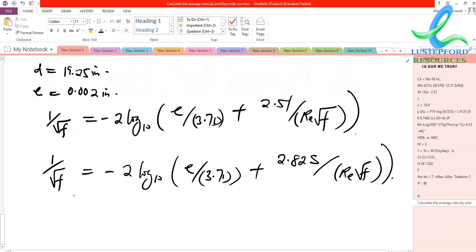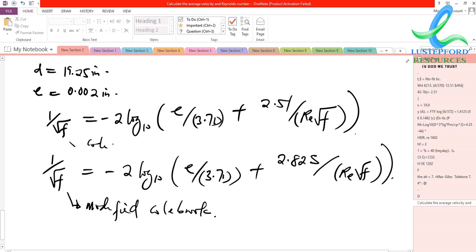So this is the modified Colebrook-White equation. Then this is the Colebrook-White equation.